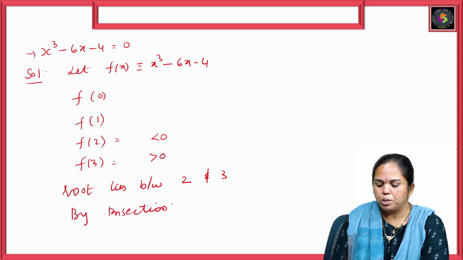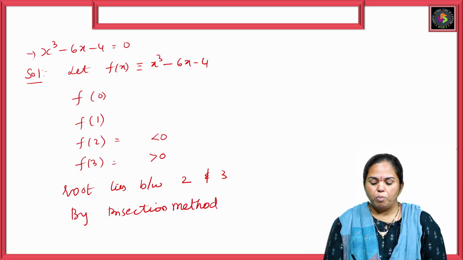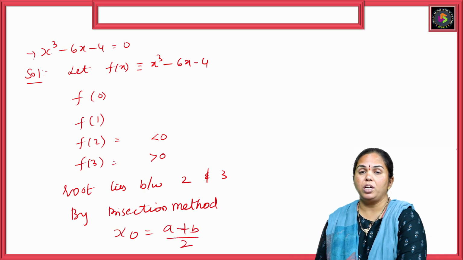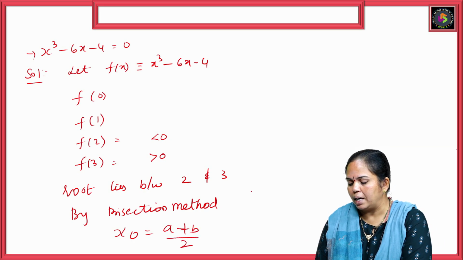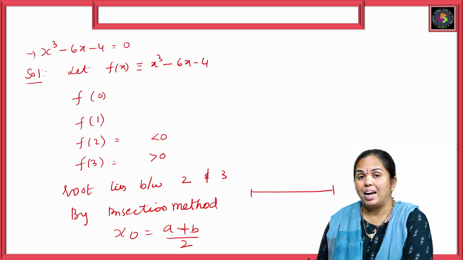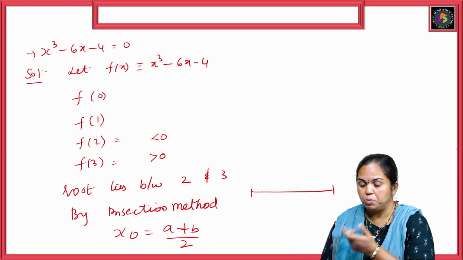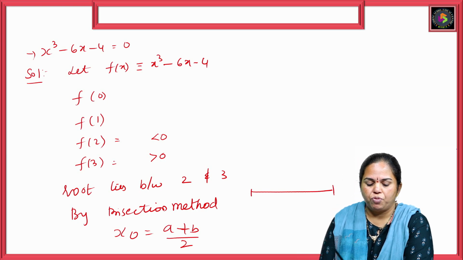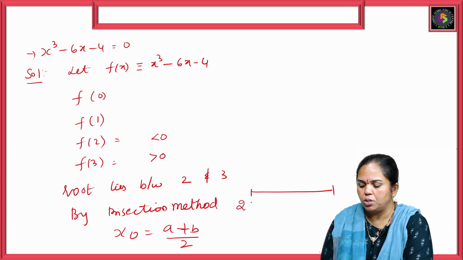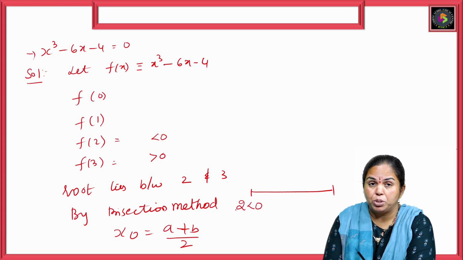So by the bisection method, the formula is x0 = (a + b)/2. Usually I use this number line for identifying where the root lies, which helps me solve the problem more easily. We need to observe the x value, not the functional value.